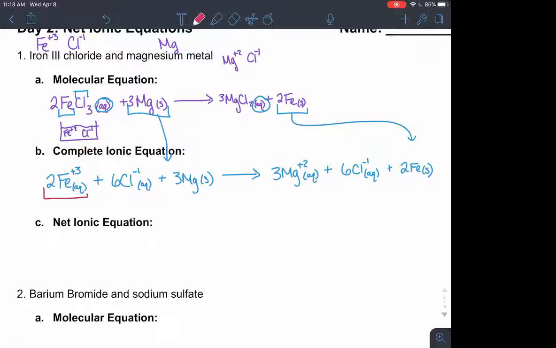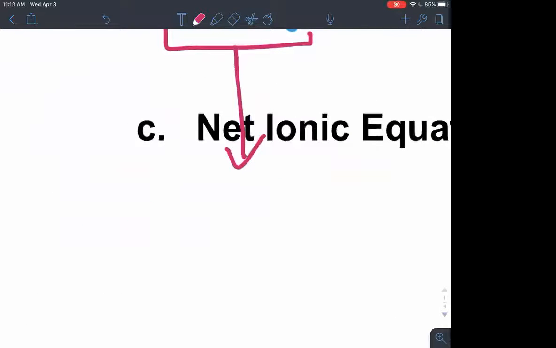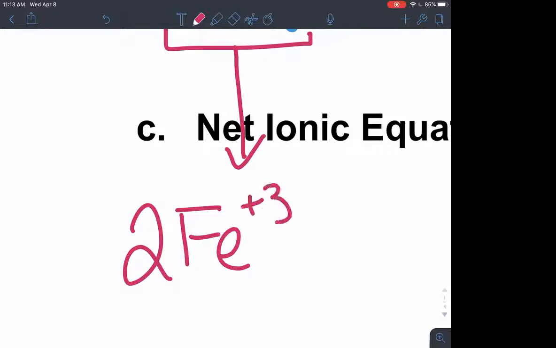Where do you see the other one? Oh, that one doesn't have the +3 charge. So no. So we're going to take that one and we're just going to bring it down into our net ionic equation. We're going to put our 2 Fe with the +3 charge as an aqueous solution.